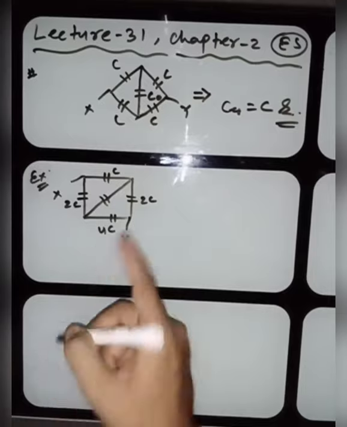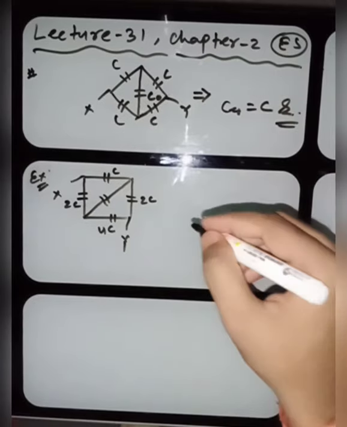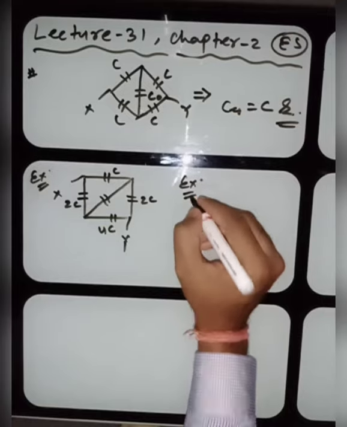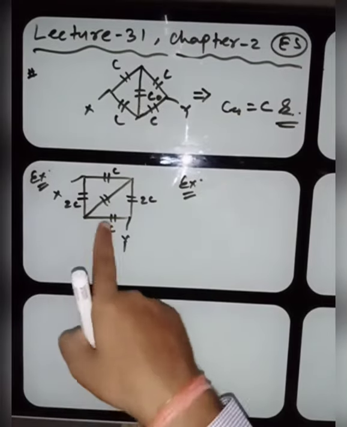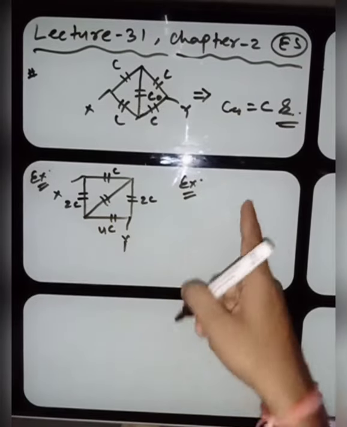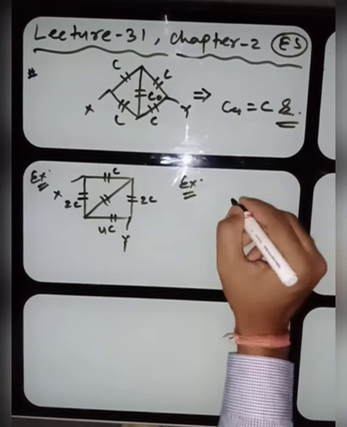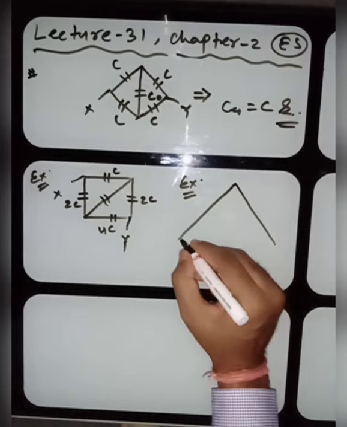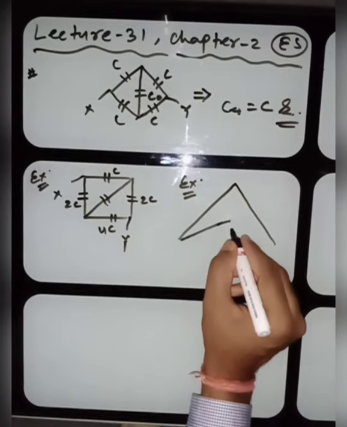Whether this is a balanced Wheatstone bridge. Now the next example. Kindly find out whether this is a balanced Wheatstone bridge. The next one. Finally, I will tell you the answer.